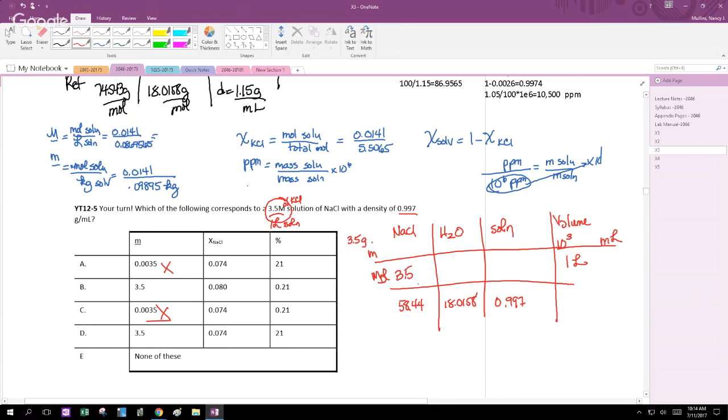So I've got 3.5 grams times, I'm sorry, 3.5 moles. Sorry. And for every mole, there's 58.44 grams. That's 204.54.